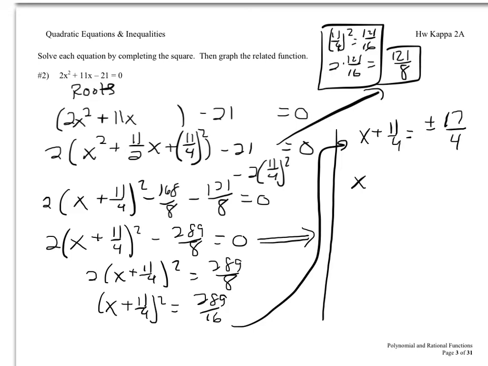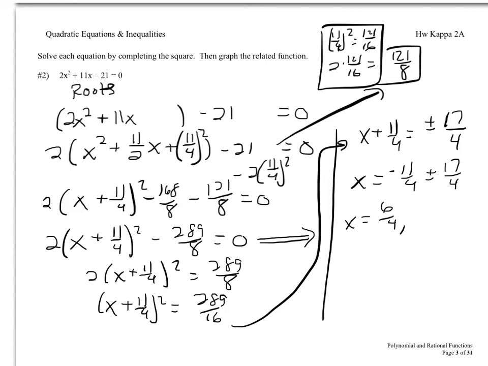If I subtract 11 fourths from both sides, I get negative 11 fourths plus 17 over 4 and a minus 17 over 4, which is going to be negative 11 plus 17 is going to be 6 fourths. Negative 11 minus 17 will be negative 28 fourths, I believe.